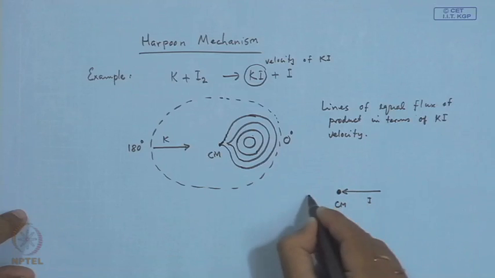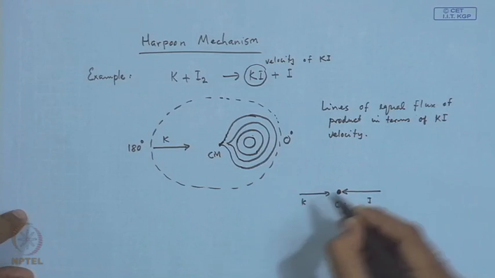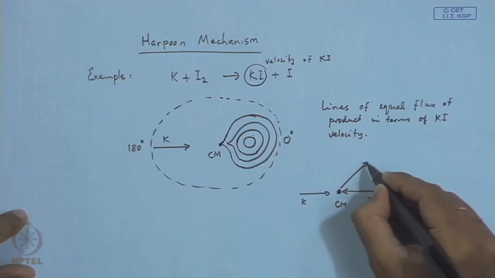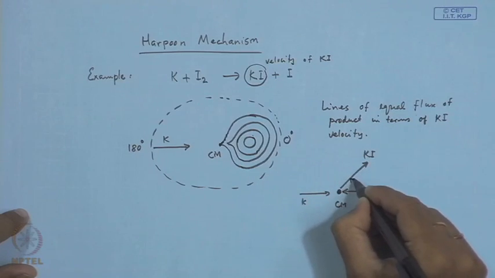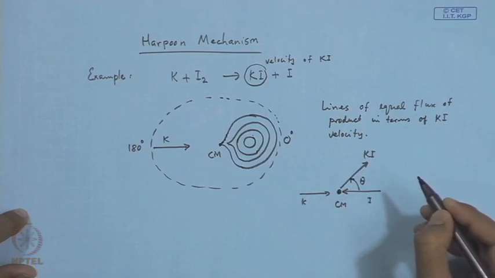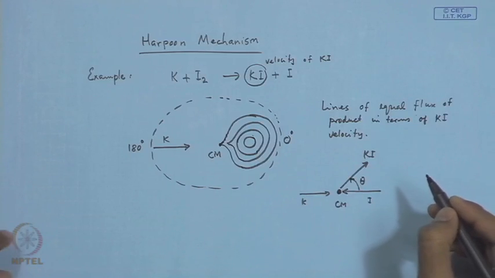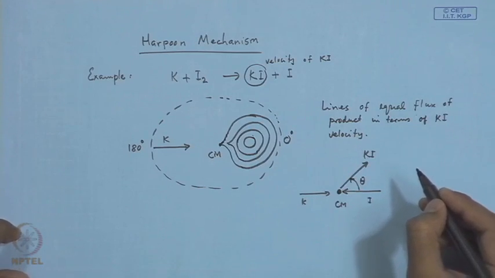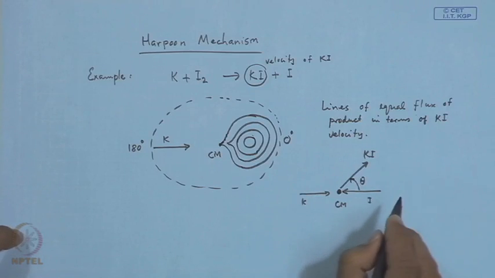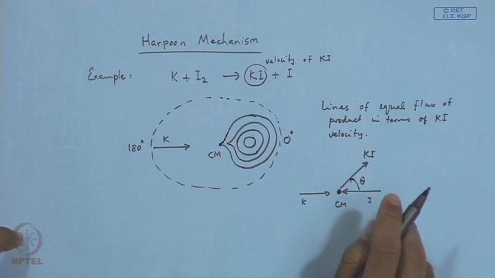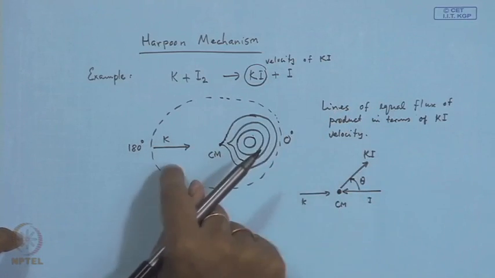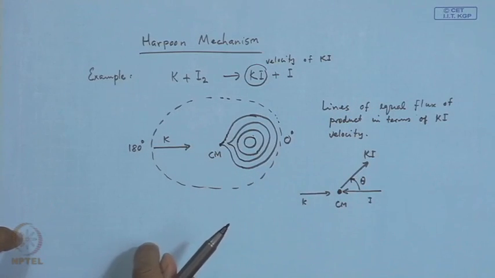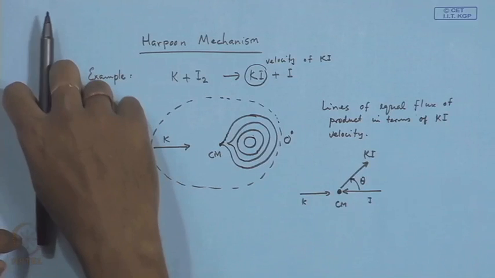This is K, and your KI. So, you are detecting KI velocity with theta. Okay. So, lines of equal flux of product is drawn as a function of KI velocity. And in this case, scattering in the forward sense, we are getting.